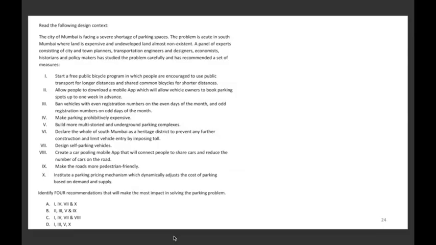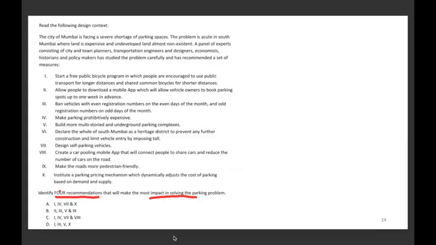The problem is acute in South Mumbai, where land is expensive and underdeveloped land almost non-existent. A panel of experts consisting of city and town planners, transport engineers, designers, economists, historians, and policymakers have studied the problem carefully and have recommended a set of measures. We have to find only 4 recommendations that will make the most impact.